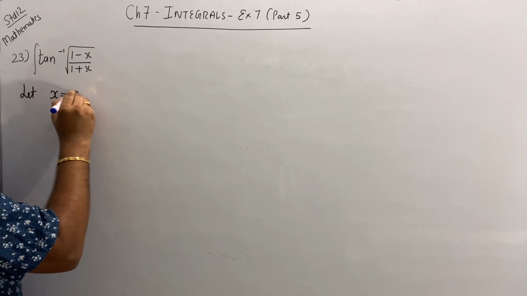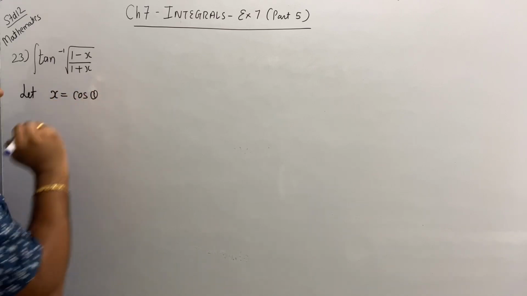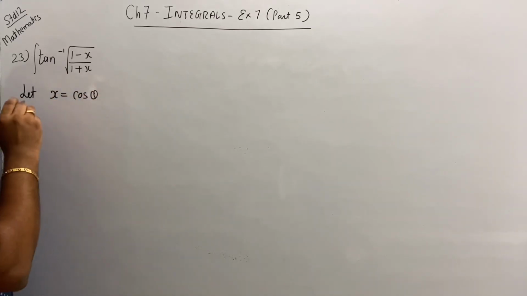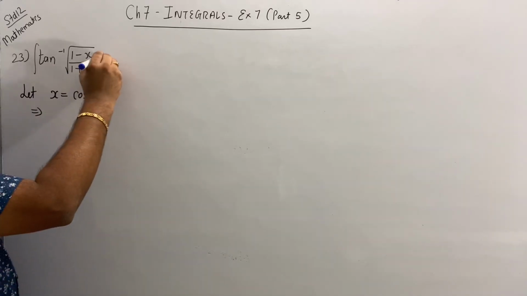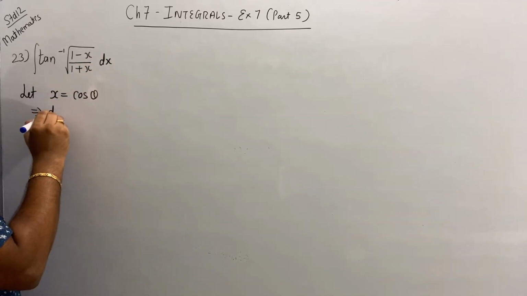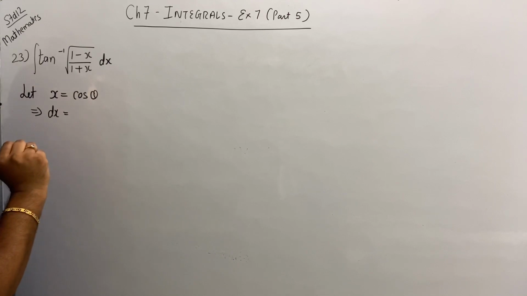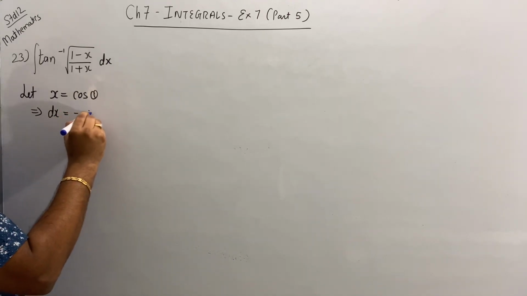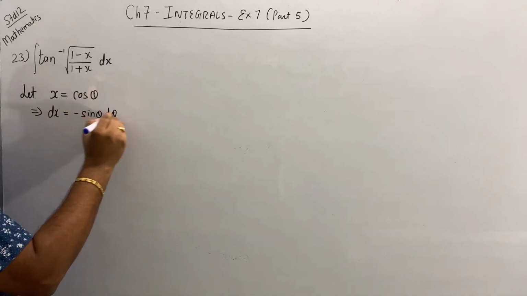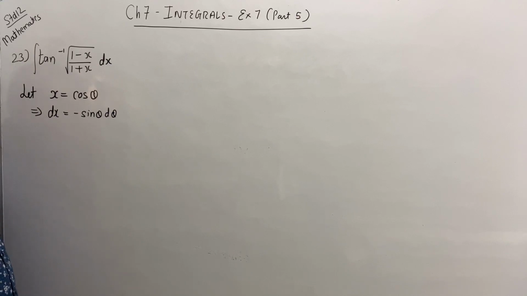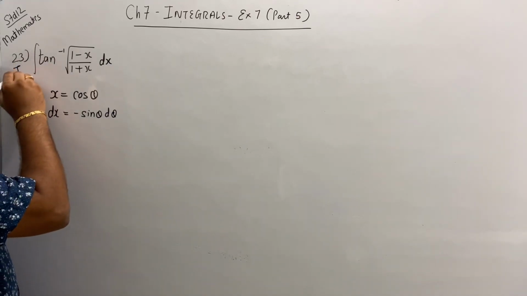So let's assume x is equal to cos theta. So when we differentiate it, dx, the derivative of cos theta is minus sine theta d theta. Clear? So now let's replace it.